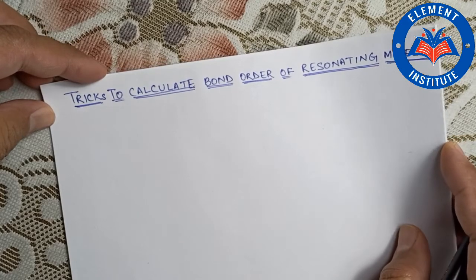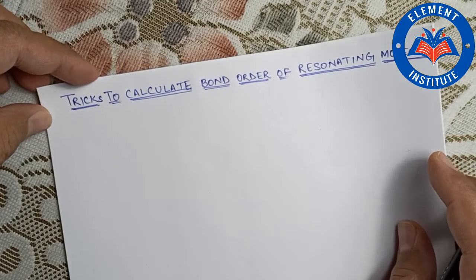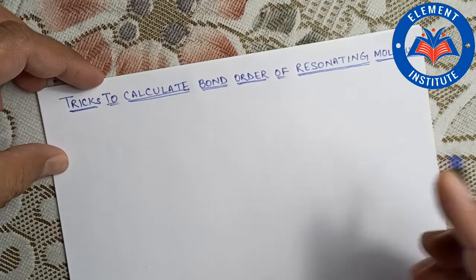So, to calculate the bond order of the resonating molecules, there are two methods.